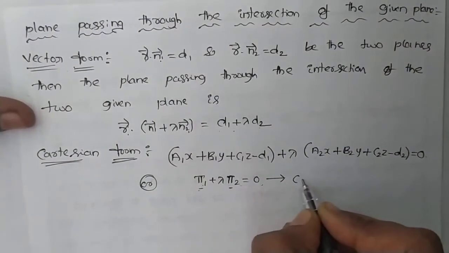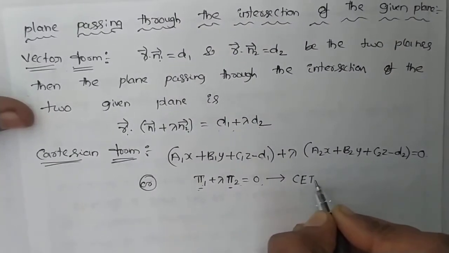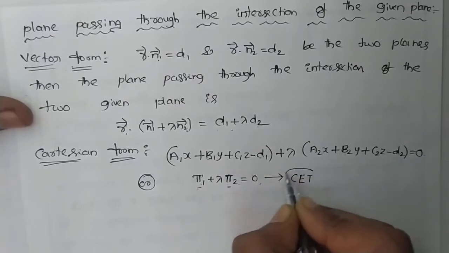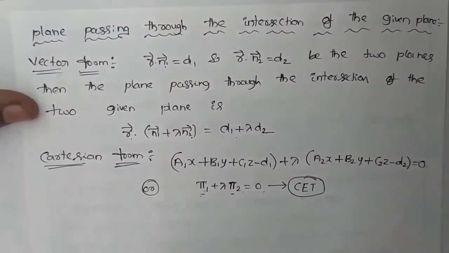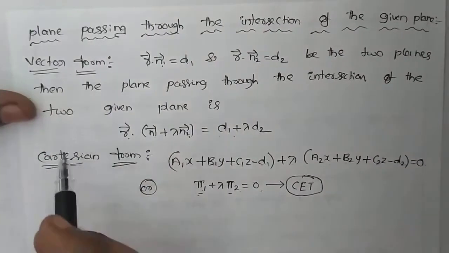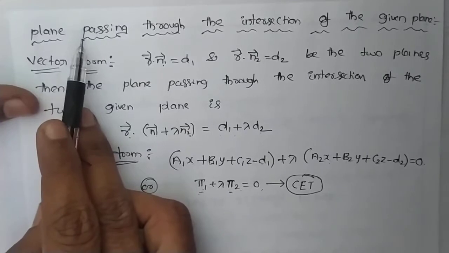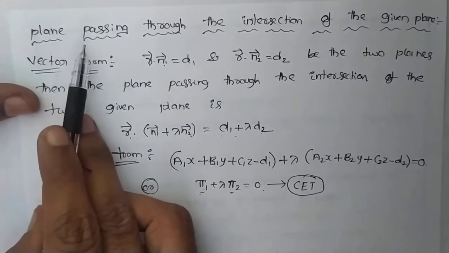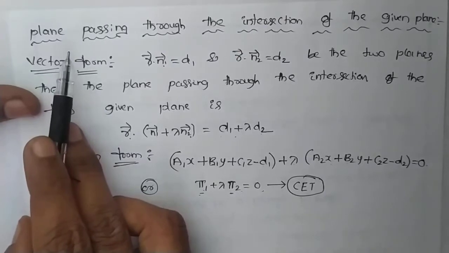We are going to use it to solve the questions related to CET. You just note down the vector and Cartesian forms of this derivation. Once again, this derivation is not that important for your examination, so I am not deriving it. If you want, you can refer to the NCERT textbook.